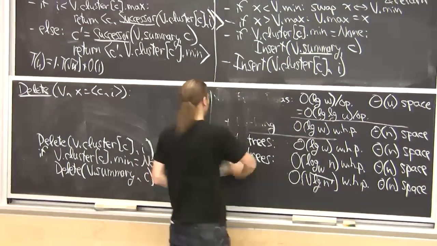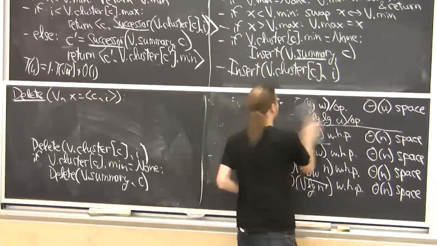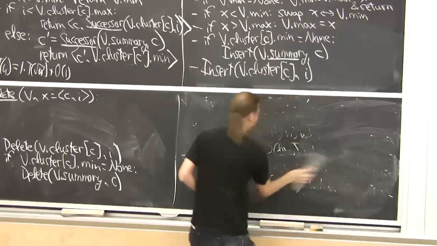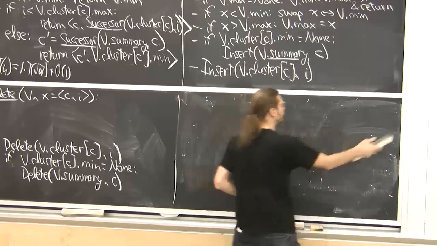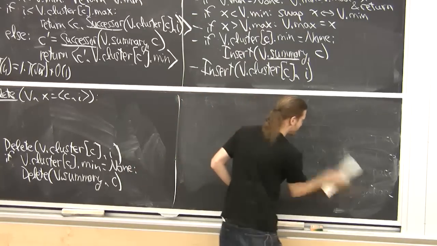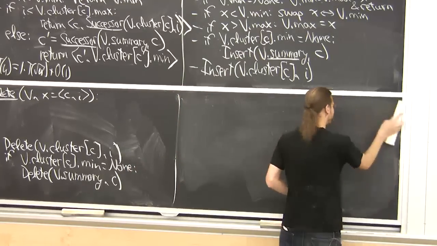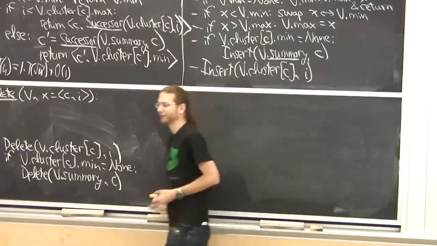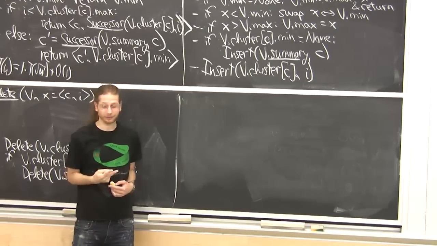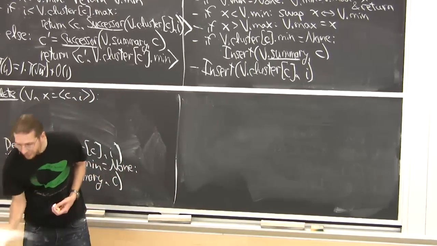There's actually 3 papers by van Emde Boas about this structure. Many papers appear twice, once in a conference, once in a journal. This one, there's 3 relevant papers. There's a conference version, a journal version. The only weird thing there is that the conference version has 1 author, van Emde Boas. The journal version has 3 authors, van Emde Boas, Kaas, and Zijlstra.